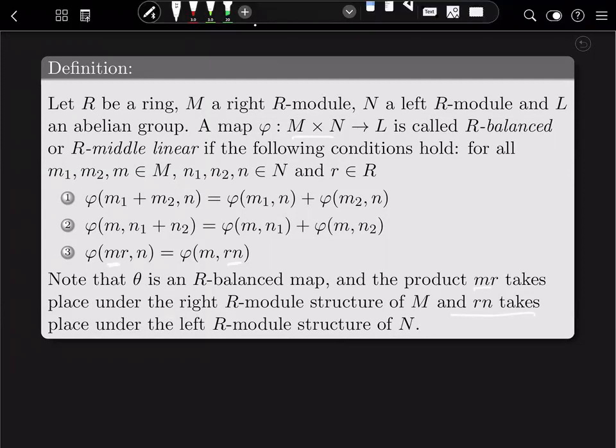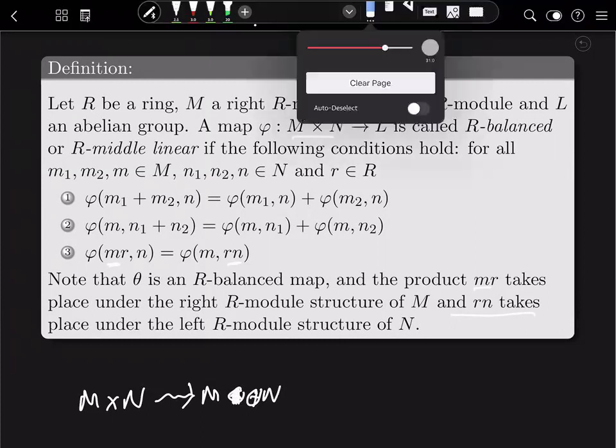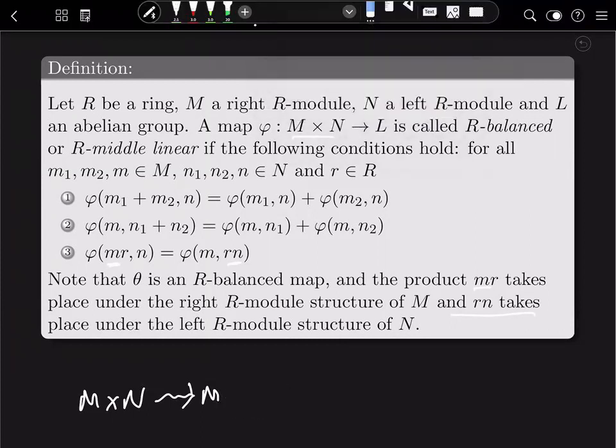So now we have these new maps. To recap, we have M cross N, which goes into the direct product, and from the direct product, we have maps out of here that are group or module homomorphisms.